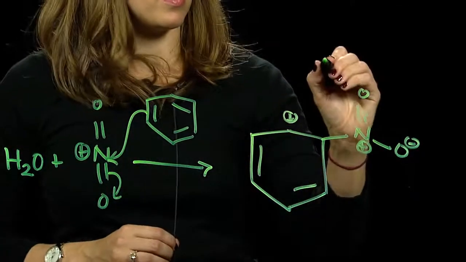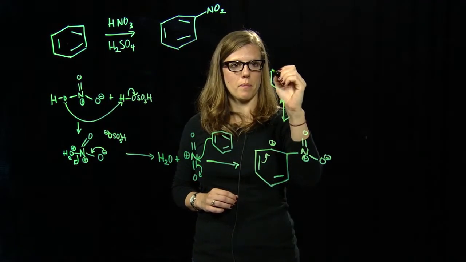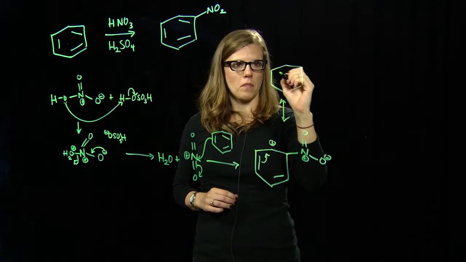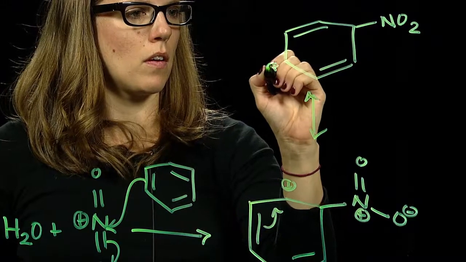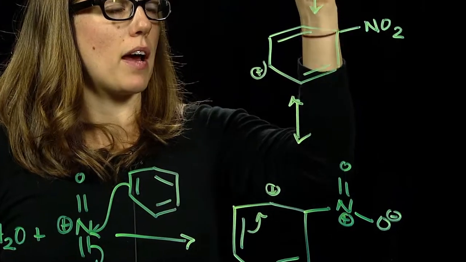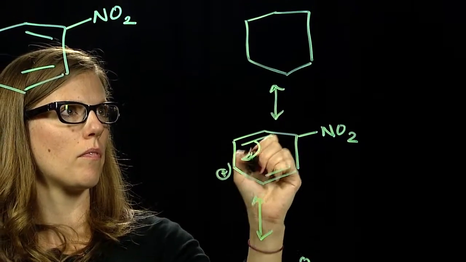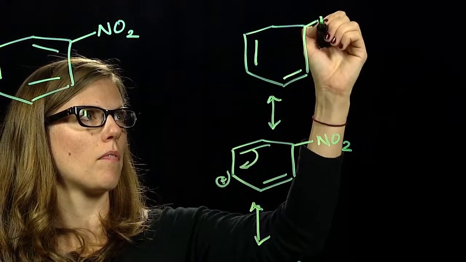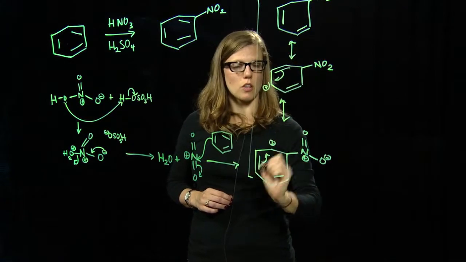This carbocation is resonance stabilized, so we can flip electrons around on three different carbon atoms. So we have three different resonance structures here.